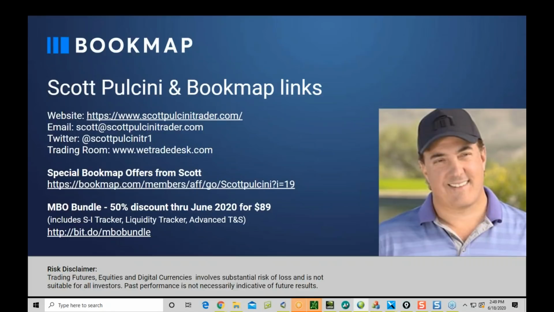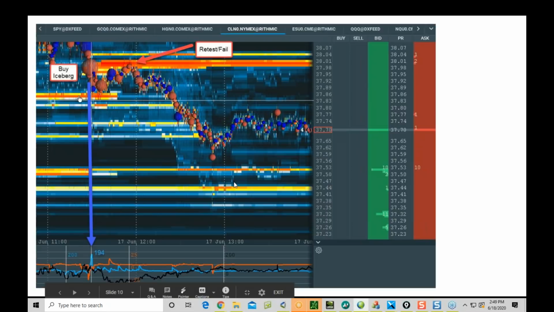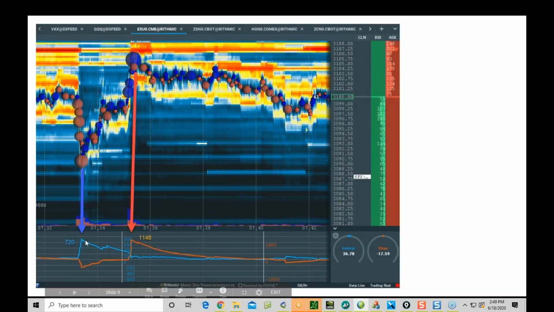I love using the analogy: if I put my daughter in front of the screen and I explain a couple things to her, and I say, okay, when this is really blue, what do you want to do, and when you see it really orange, what do you want to do? Well, Daddy, you want to be buying when you see the blue here, and when you see the red here or orange here, you want to sell.